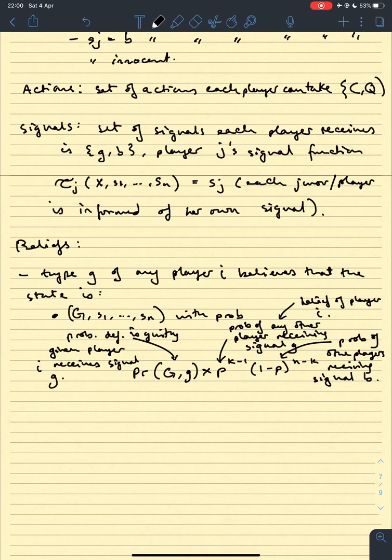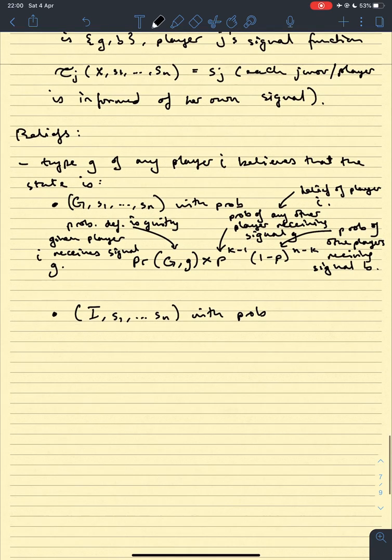And also, type G of any player i, so player i receiving the signal G, believes that the state is I, not G, with S1 all the way to Sn, with the following probability: the probability that the defendant is innocent, given that player i received the signal G, multiplied by 1 minus q to the power of k minus 1, multiplied by q to the power of n minus k.